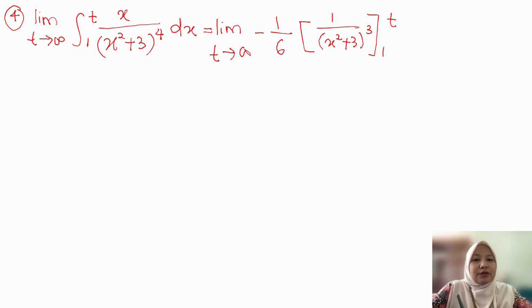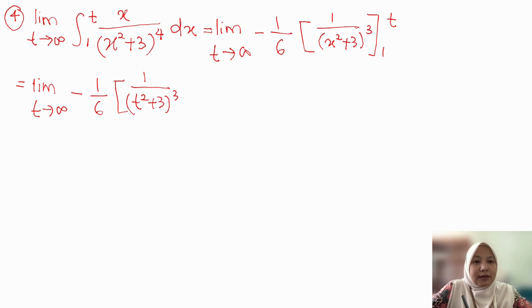Now we will substitute the boundaries. First, we substitute the upper boundary: negative 1 over 6 times 1 over (t squared plus 3) to the power of 3, minus the lower boundary. Minus becomes plus 1 over 6 times 1 over (1 squared plus 3) to the power of 3.